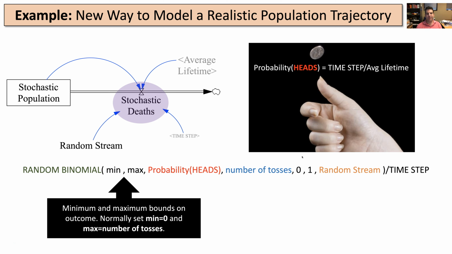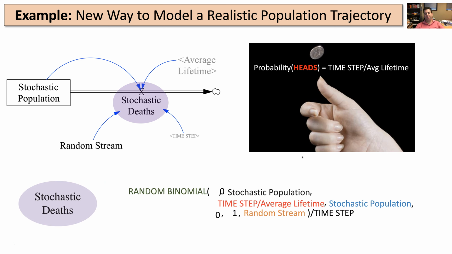We want the full binomial here, so we're going to set 0 as the minimum and the number of tosses as the maximum, so we don't worry about that. So we bring everything together, and here's what we end up getting for our stochastic deaths formula. Again, there's 0, that's the min, there's stochastic population, that's the max, but the really important part is this middle portion, where we've got our probability of death of any individual bacterium in a time step.